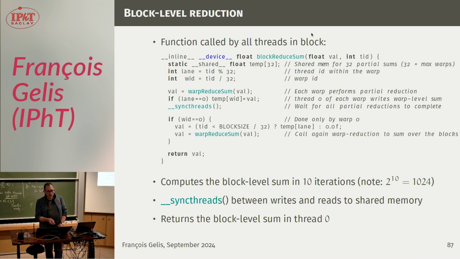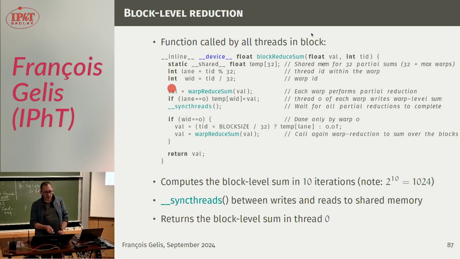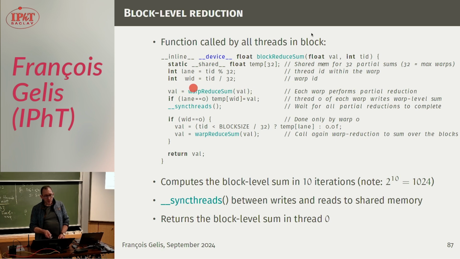So now each thread calling this function will first call the function that does the reduction within the warp. So first do the sums within each warp, and if the thread index in this warp is 0, you store the value to shared memory. So each warp is storing in shared memory the partial sum of the corresponding warp.